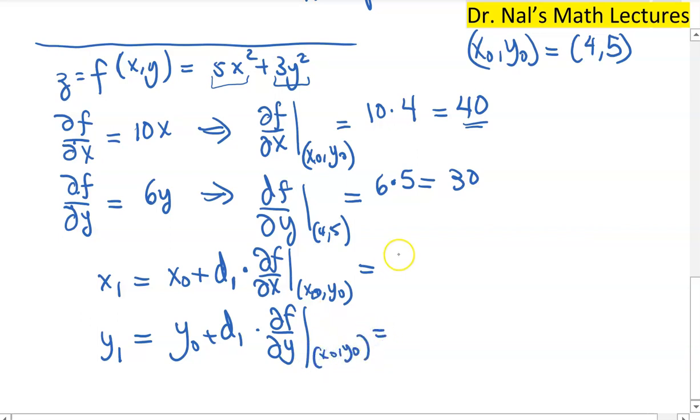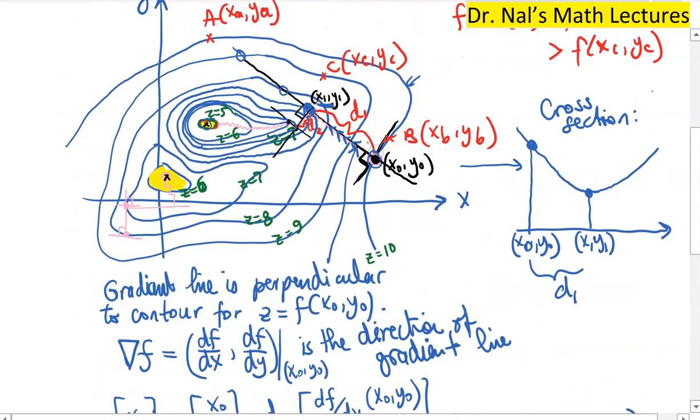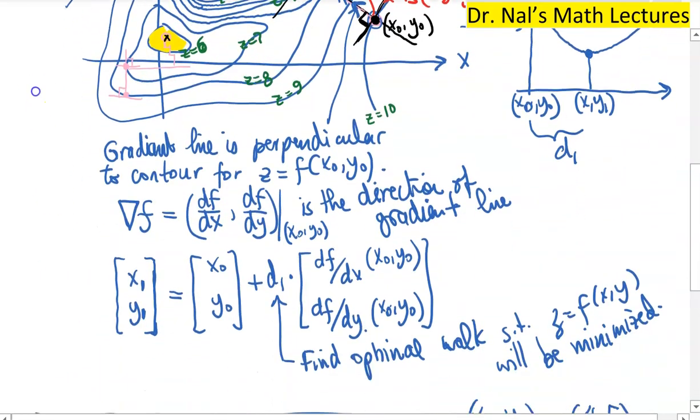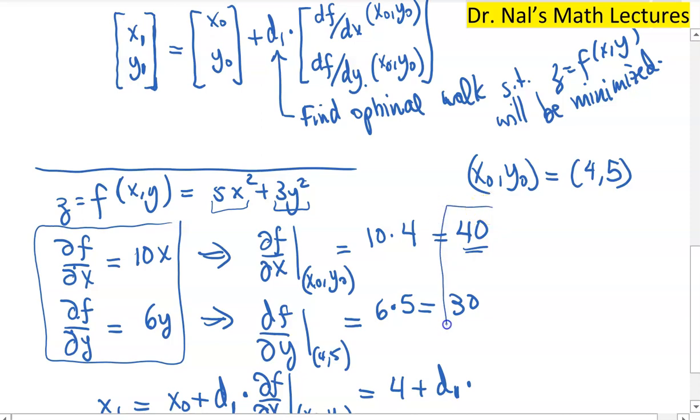All right, so x0 is just a 4, plus d1 is the unknown, times, because we still are at that point, we figured the direction, we calculated the direction. To be more precise, the direction vector is 40, 30.